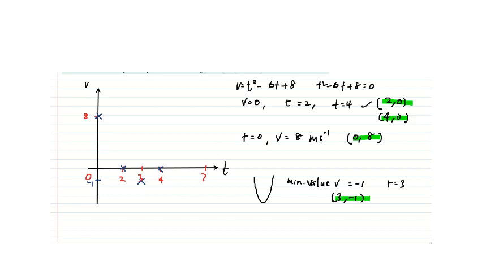And when t equal to 7, v will be 7 square minus 6 bracket 7 plus 8 equal to 15. The coordinate will be 7, 15.